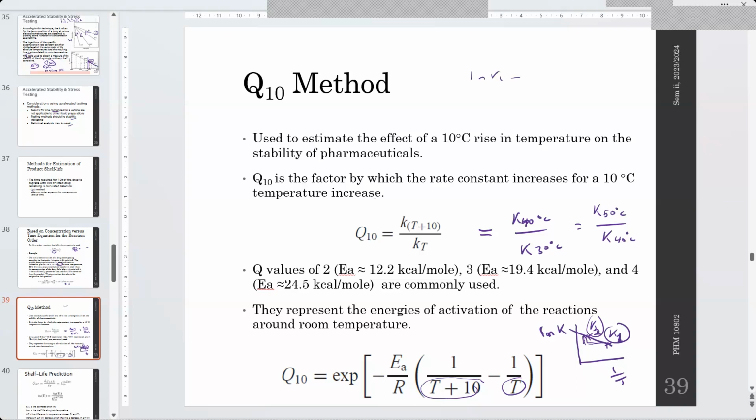Y is ln K equal to ln A minus activation energy divided by R times this one. So you divide ln K1 divided by, so you convert it to K, so you get the inverse ln.